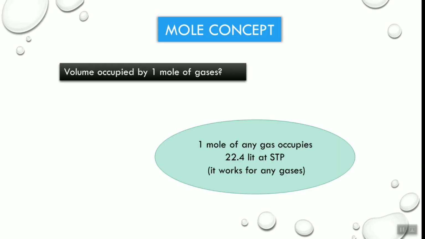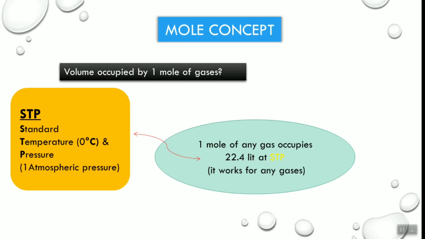Now the mole concept according to the volume occupied by 1 mole of gases. This only works for gases. So 1 mole of any gas occupies 22.4 liter at STP. What is STP? STP is standard temperature and pressure: temperature at 0 degree Celsius and pressure of 1 atmosphere.